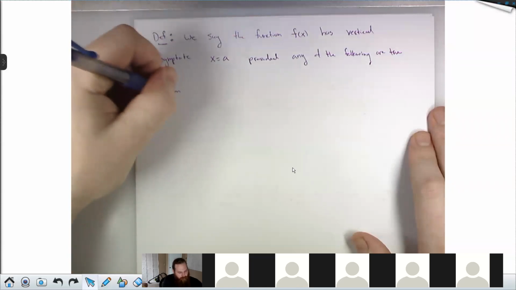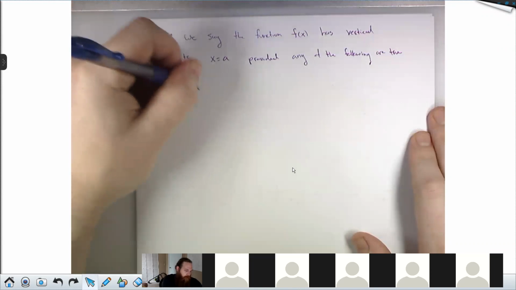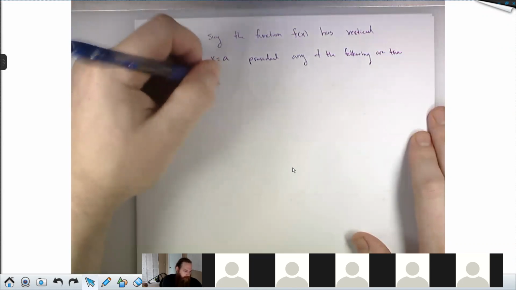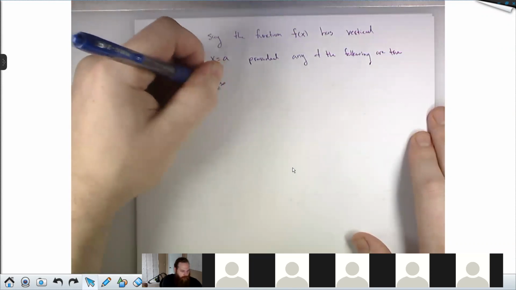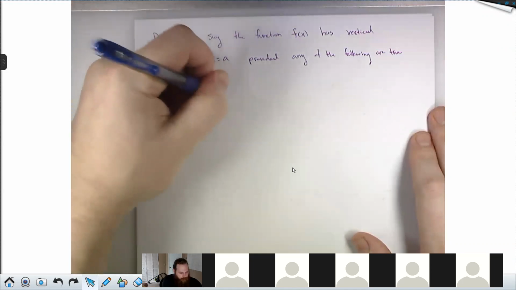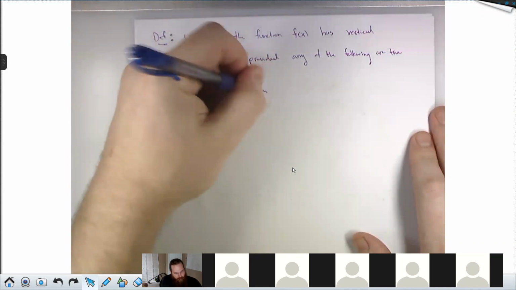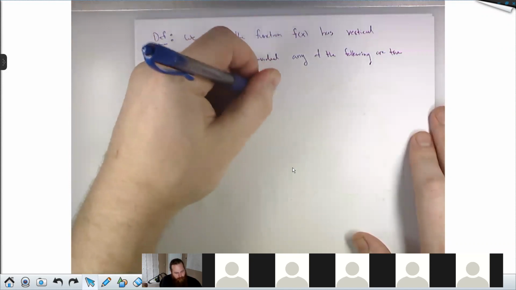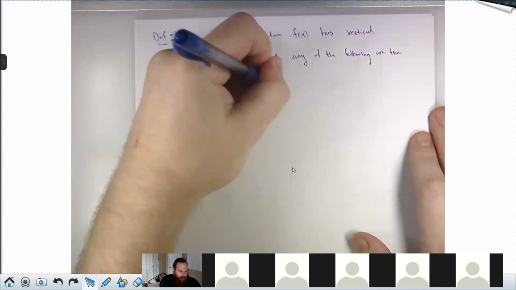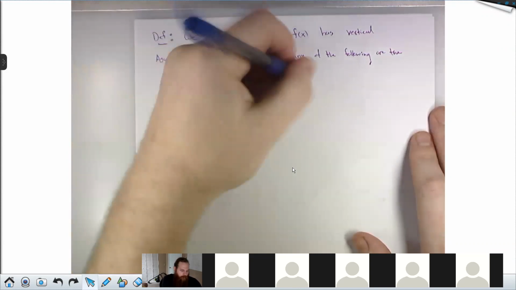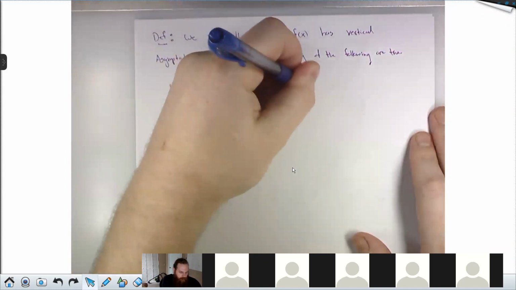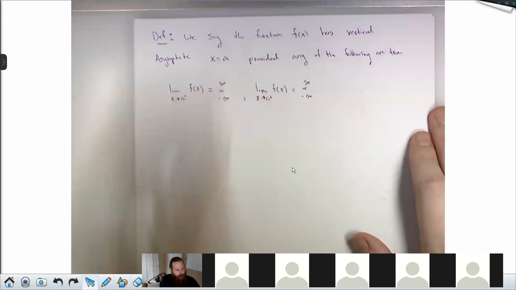The limit as x goes to a from the left of f of x is infinity or negative infinity. The limit as x goes to a from the right of f of x is infinity or negative infinity.